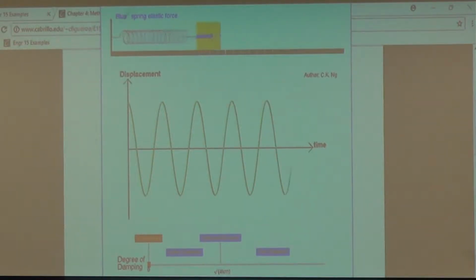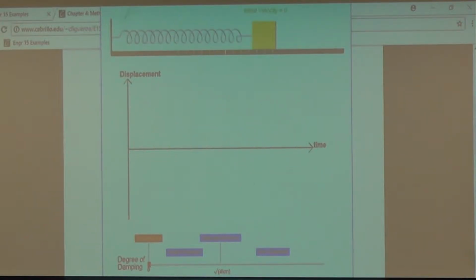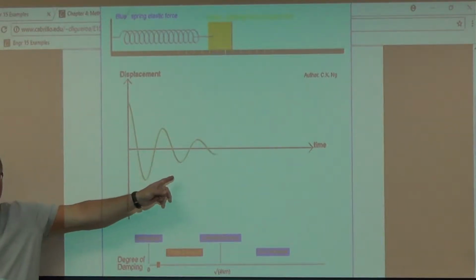But there is something that we should look at here. If I come in here and give a little bit of damping, that means there's a little bit of friction here. What you're going to find is that this guy then starts to oscillate, but the oscillation, you can see, has its amplitude decreasing.